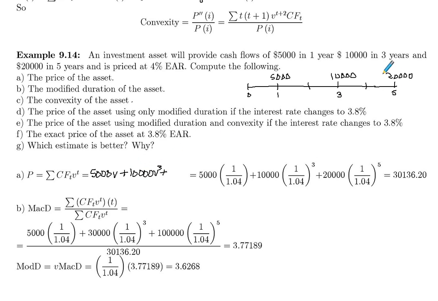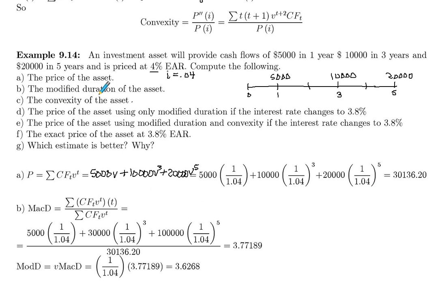And then we've got a $20,000 cash flow that's got to be discounted 5 periods, so that's going to be 20,000 v to the 5th. So if we plug in our discount factor, which is 1 over 1.04, because the effective rate here is 4%, so i equals 0.04, and we do the calculations, we get 30,136.20. So that's the present price of our asset.